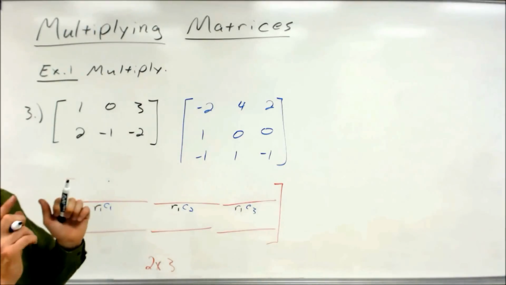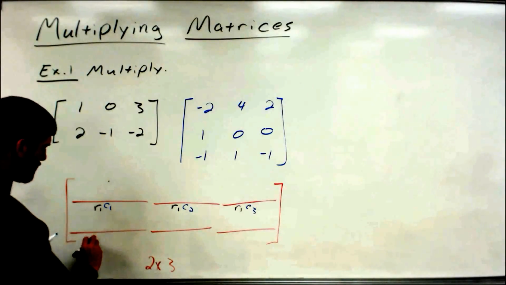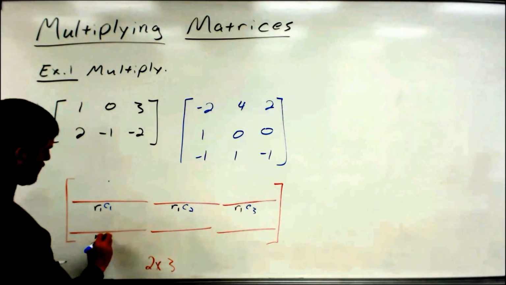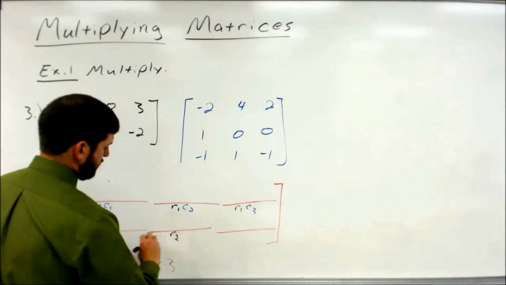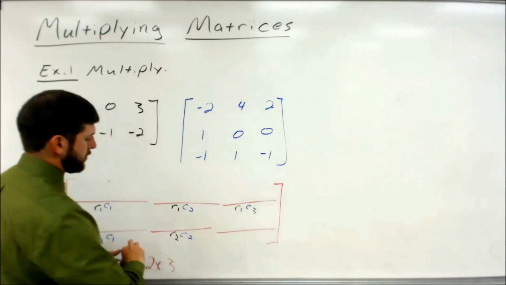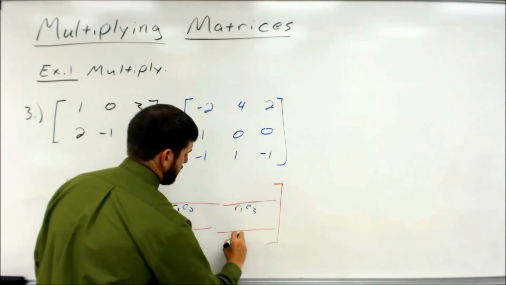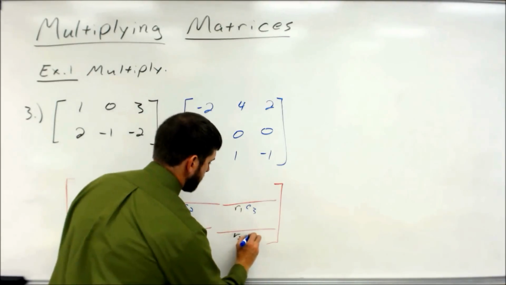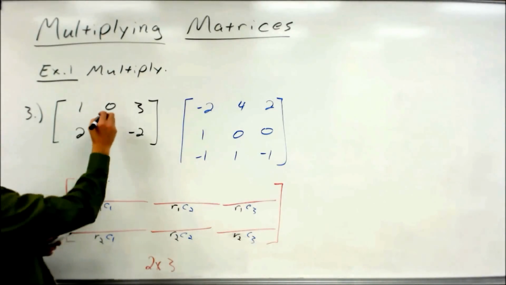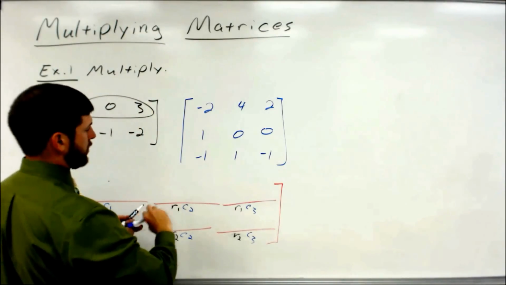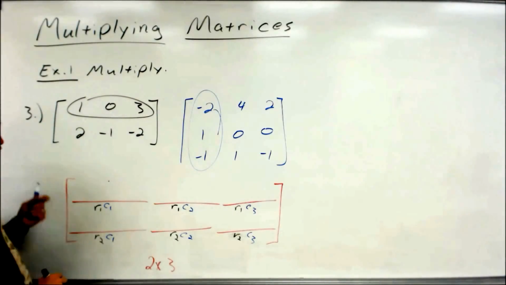Different colored pens, pencils, markers really helps on this when you're first getting started keeping it organized. Row 2, column 1, row 2, column 2, row 2, column 3. And we just put together the corresponding rows with columns. So row 1 with column 1. 1 and -2.